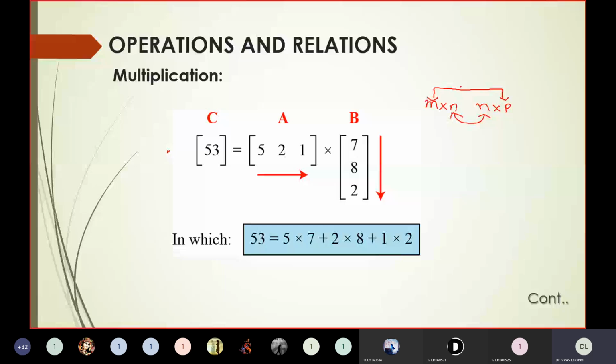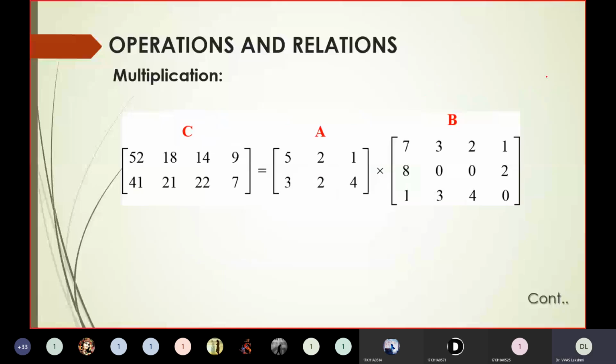This is the size of the resultant matrix. This is the basic multiplication operation. Addition, subtraction, multiplication, equality, scalar multiplication, and multiplicative inverse are the basic operations.